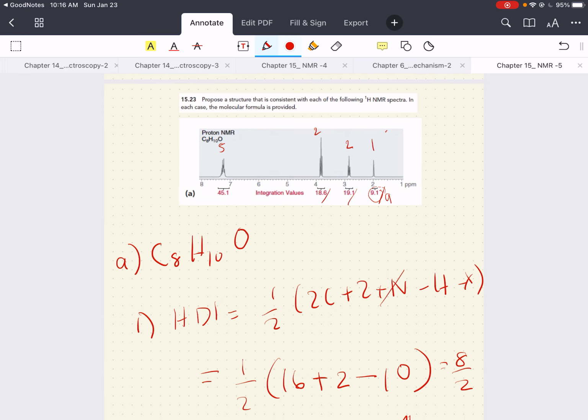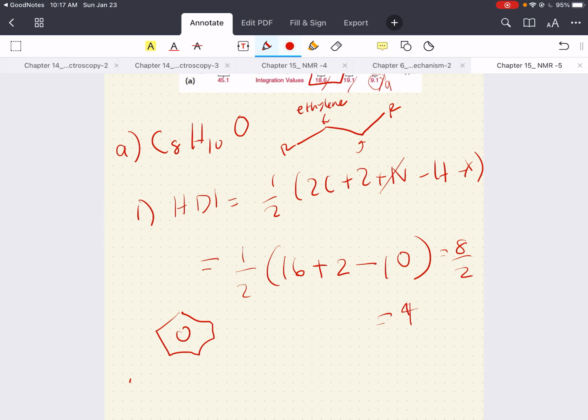So we have a singlet with integration 1, a triplet with integration 2, and another triplet with integration 2. This is a common pattern for ethylene. What that means is you have CH2, CH2, and on both sides, they're bonded by variable groups. So that's our first pattern that we need to make sure we write. We have some sort of ethylene group.